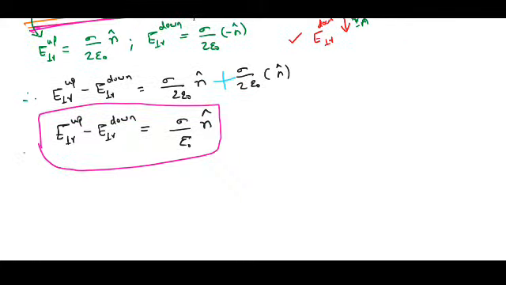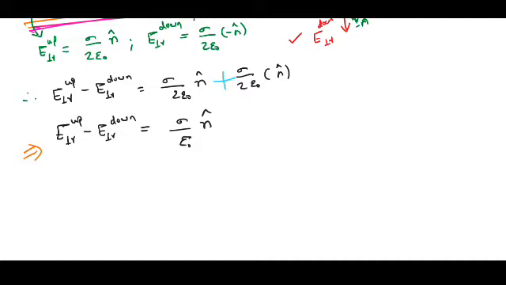I would like to write this expression in another way. We have used that representation E perpendicular up, where E perpendicular was the normal component of the electric field perpendicular to the boundary. The same expression can be written in this way.